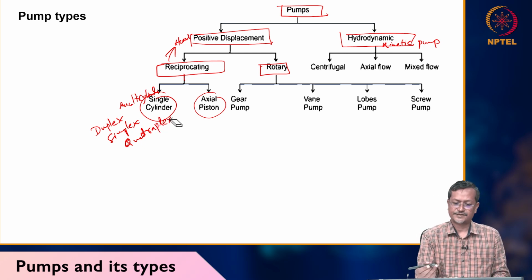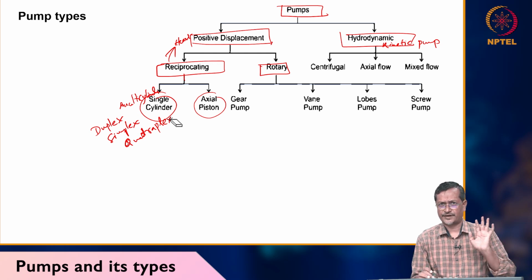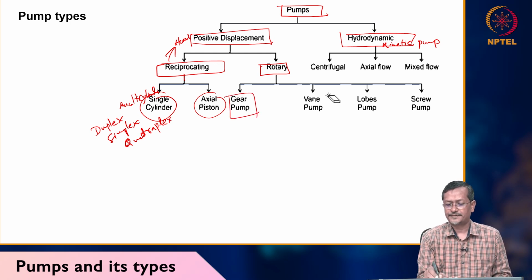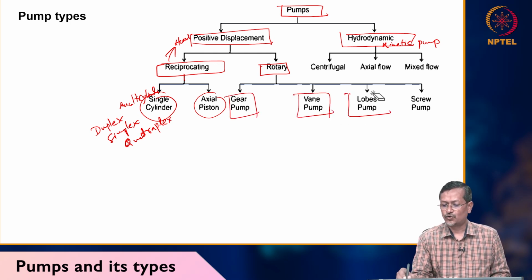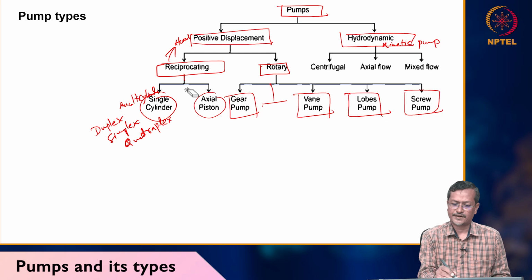Double cylinder, single cylinder, axial piston, so many types will be there. Now if you go to rotary type, there will be gear pump, vane pump, lobe pump, screw pump, and diaphragm pump. The diaphragm pump comes under reciprocating.